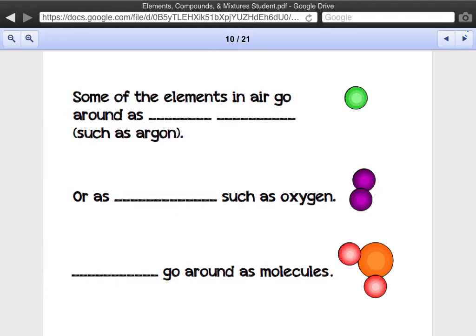So it's just an element. They're combined together right here, so it makes it a molecule. And then you have compounds. And compounds are when we have more than one type of element combined to create a molecule. Those are known as compounds.